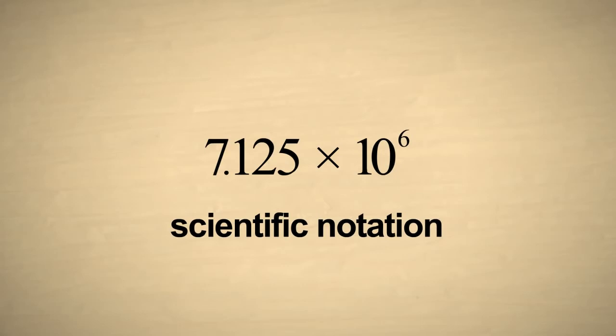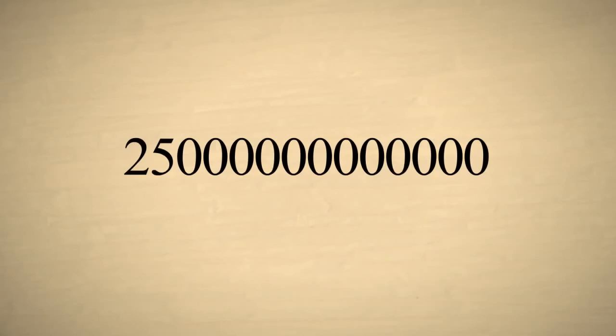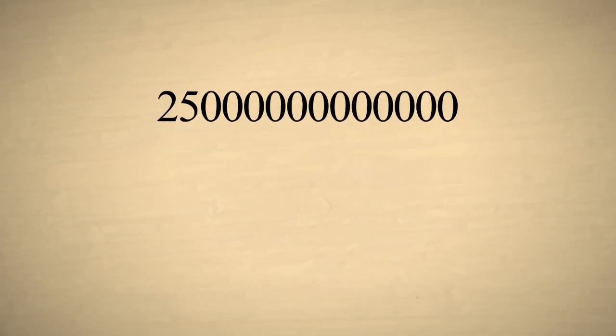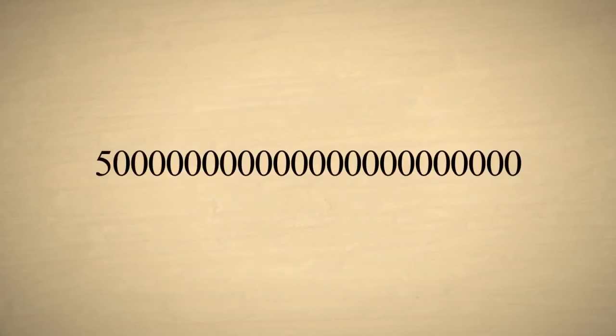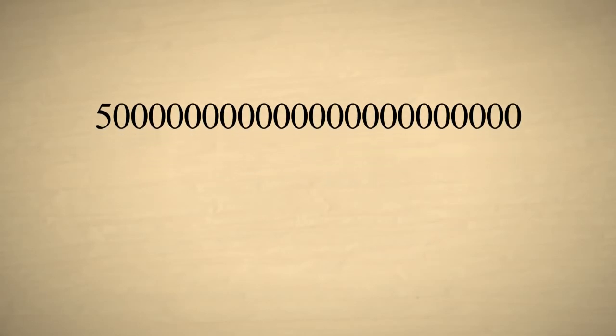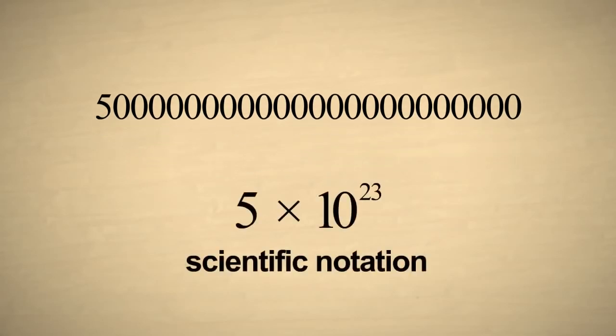For instance, the distance to the nearest star, 25 trillion miles, expressed in scientific notation is 2.5 times 10 to the 13th miles. And the number of atoms of gas in a toy balloon, about 500 sextillion, expressed in scientific notation is 5 times 10 to the 23rd.